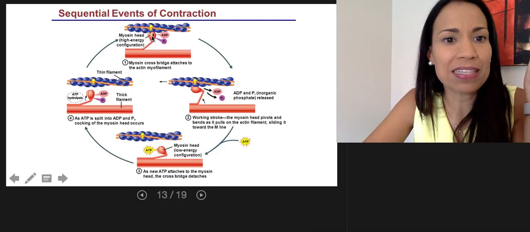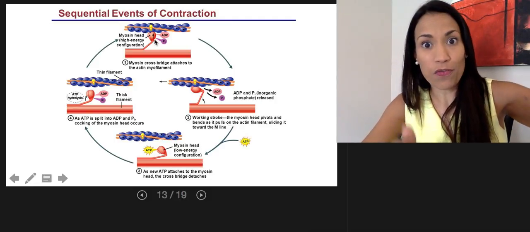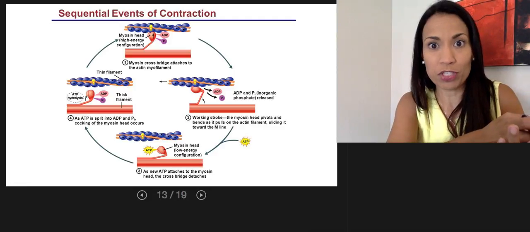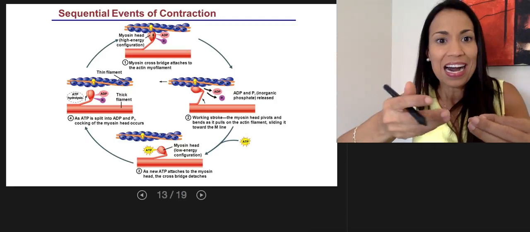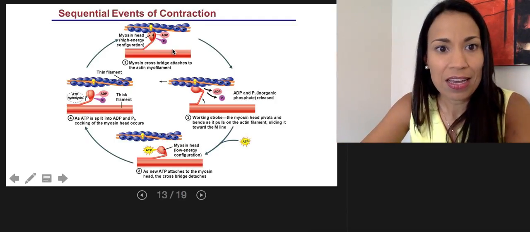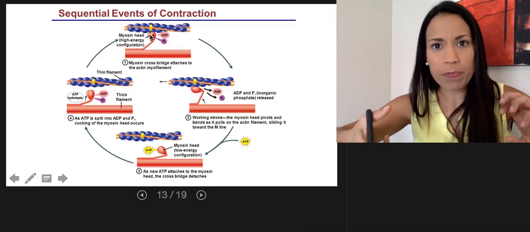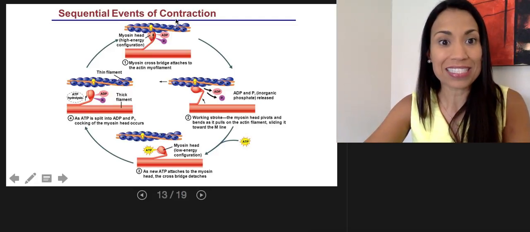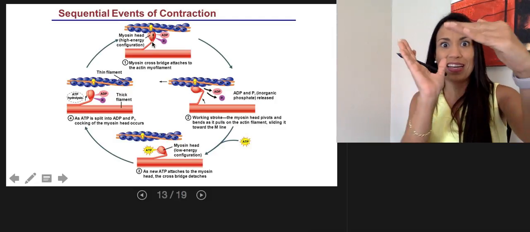When the calcium is released from the terminal cisternae of the sarcoplasmic reticulum, which is the smooth endoplasmic reticulum, it interacts with the actin, and changes happen that uncover the site on the actin to interact with the myosin head.